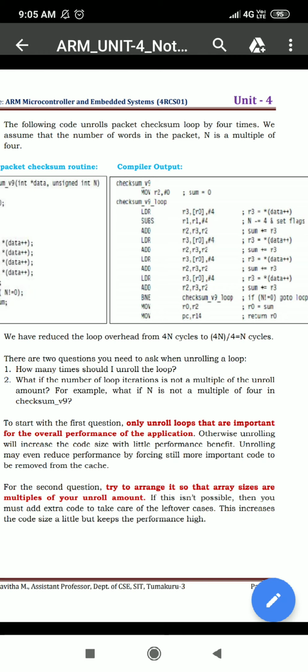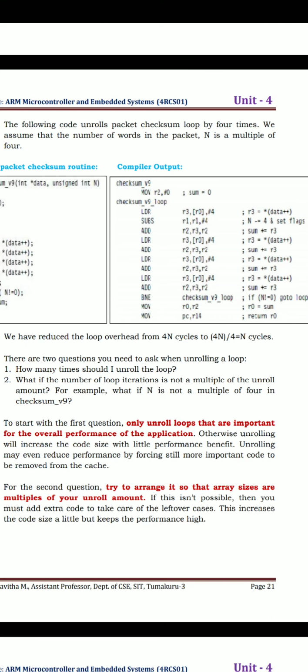You are seeing 4 LDR instructions in this compiler output which are used to retrieve 4 words from the array and 4 addition instructions for computing the sum of each of those data. R1 is decremented by 4 using the SUBS instruction, and the BNE instruction is executed for deciding about the next iteration.